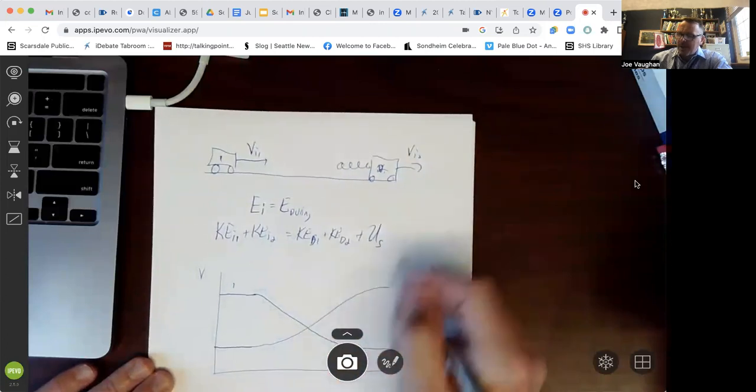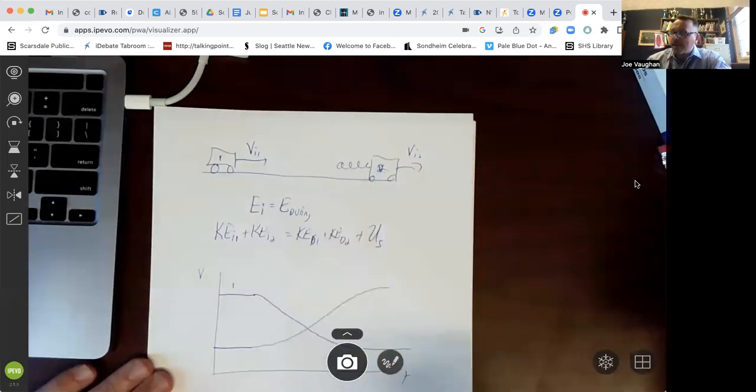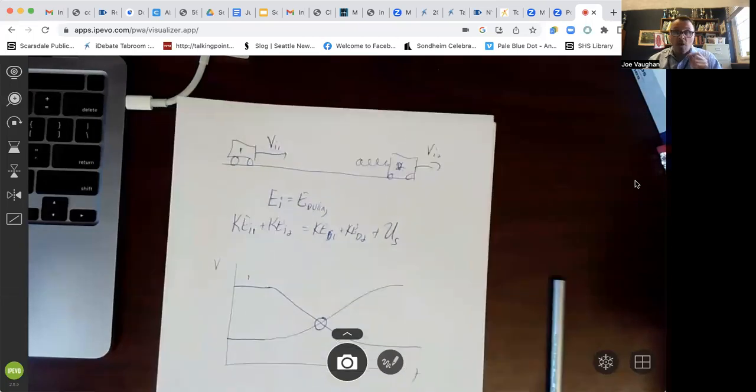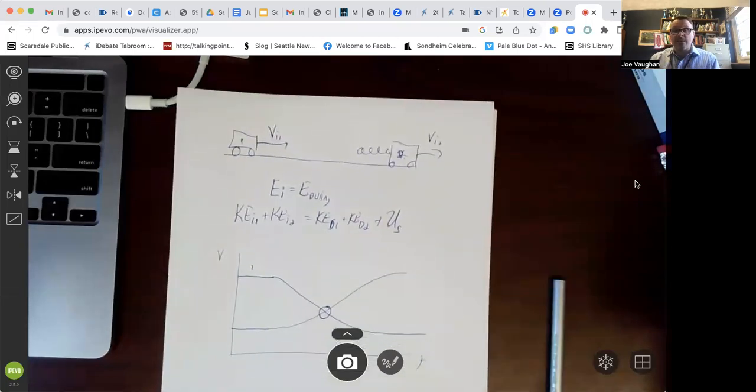I don't know if this ends up higher or lower, that would depend on the ratio of the masses, but there's going to be some moment where their velocities are instantaneously equal to each other. And that's the moment at which their relative velocity is equal to zero. And that's the moment that the spring is at maximum compression, because that's the moment that one is slowed down enough and two is sped up enough that afterwards two is going to be going faster, so it's going to start moving away from one.